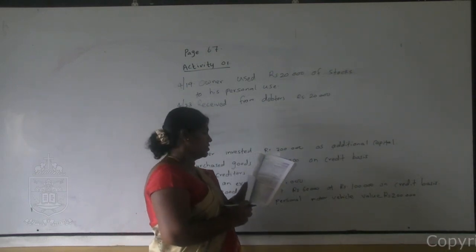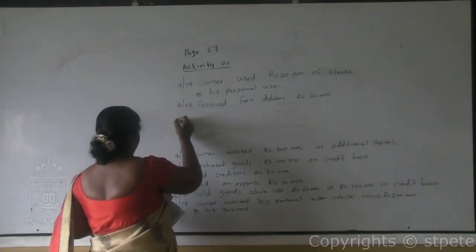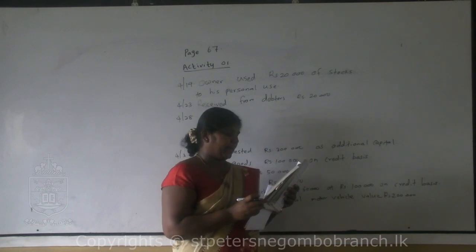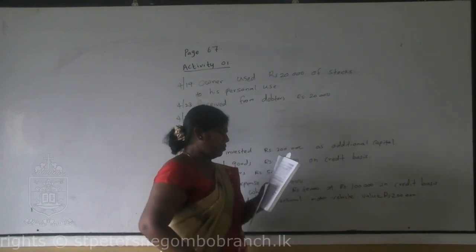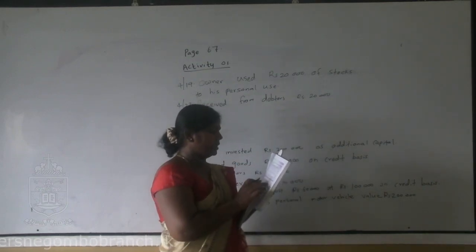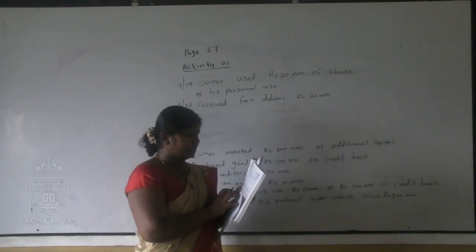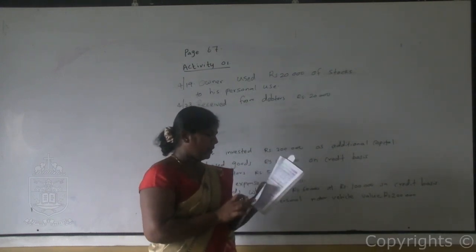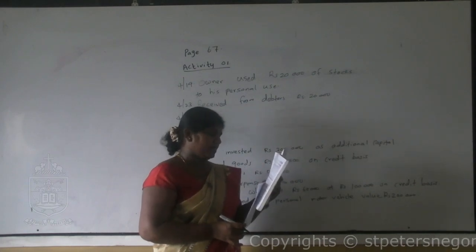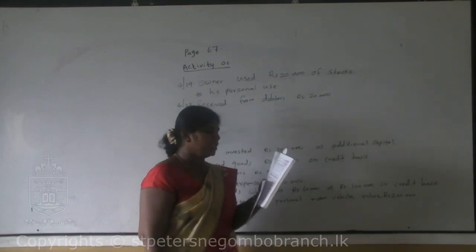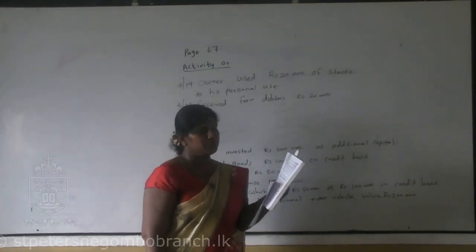So next transaction, 28th of April. Here stocks amount decrease, equity amount decrease. Stocks amount 5,000 decrease and equity amount 5,000 decrease. That means we should also consider it as personal use of stocks. That means drawings.